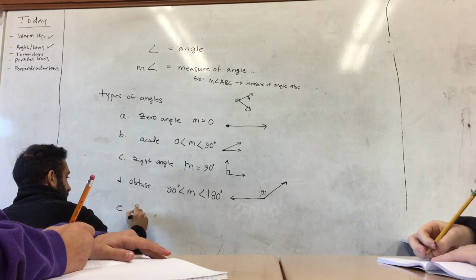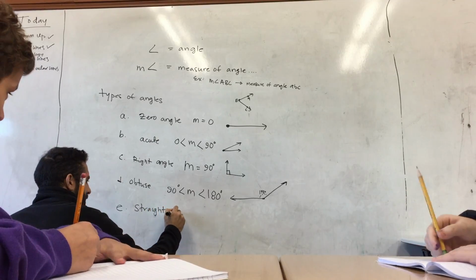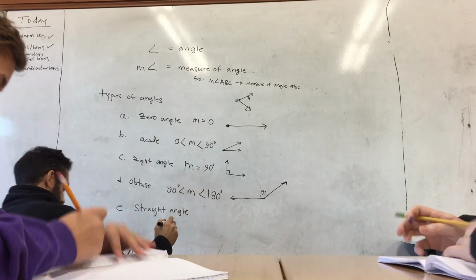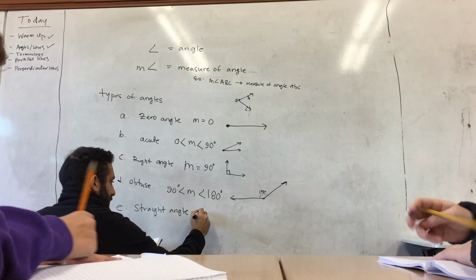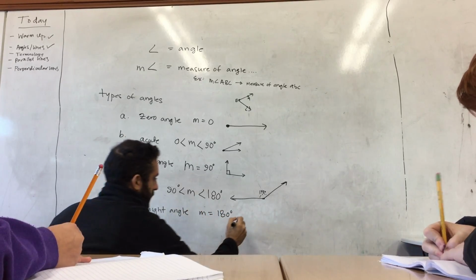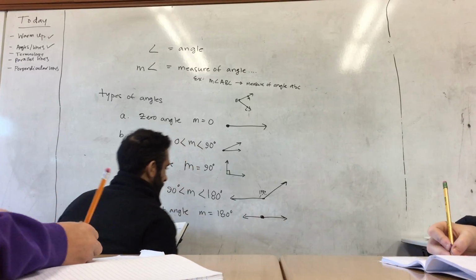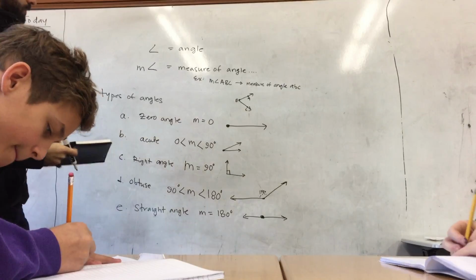And the last one is a straight angle, and that equals 180 degrees. It's important here to draw the vertex and two arrows so that we don't confuse it with a zero angle.